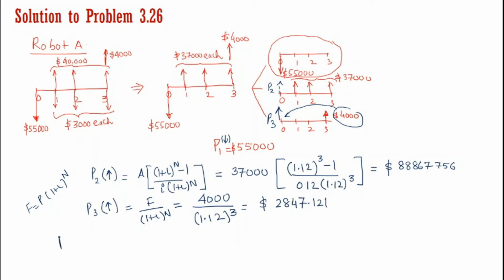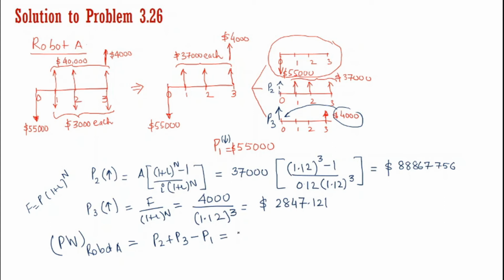Now the present worth for robo A will be equal to, now we have to keep in mind the direction. P2 and P3 both are upwards, so P2 plus P3, since they are upwards, I am treating with a positive sign, and since P1 is downward, it will be with a negative sign.